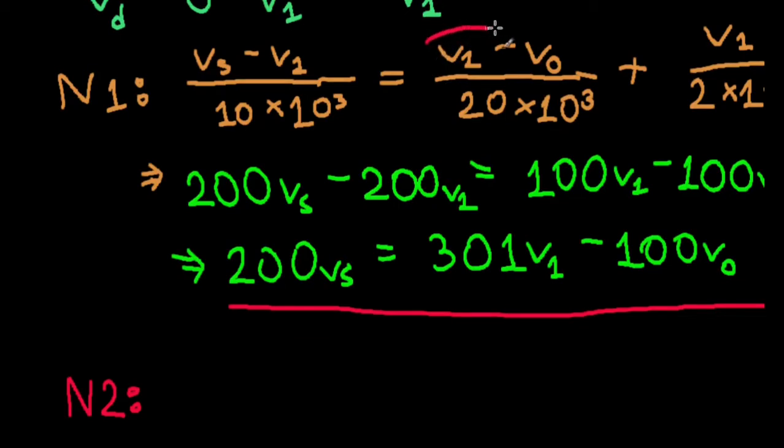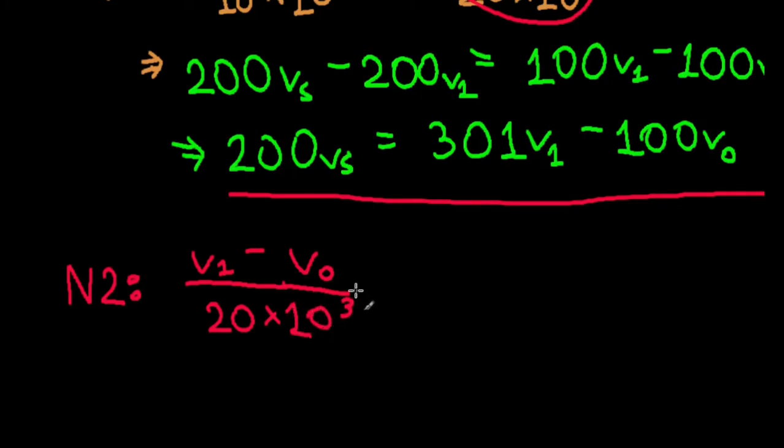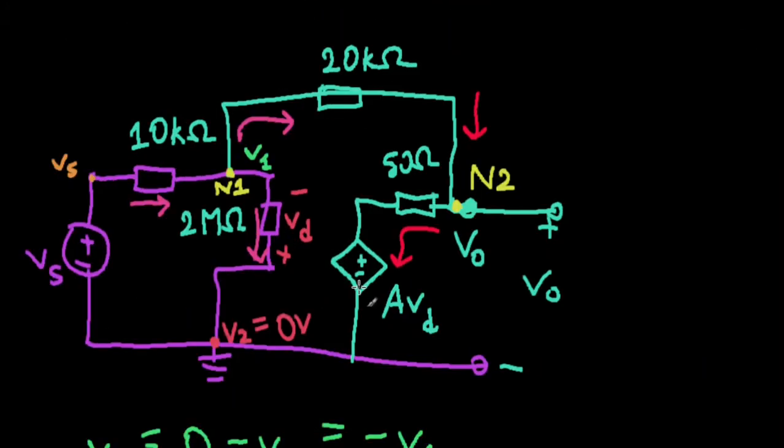This is the same as this one, so we'll just write that again. The current entering is V1 minus V naught divided by 20 times 10 to the power 3. And the current exiting is V naught minus A times VD, V sub D, divided by 50.